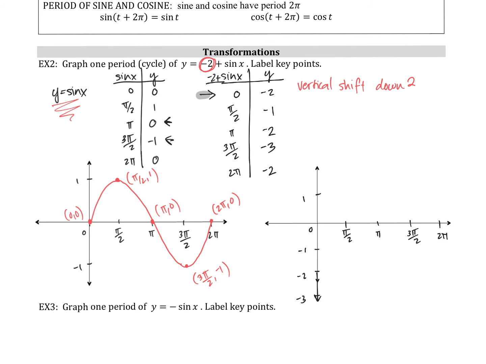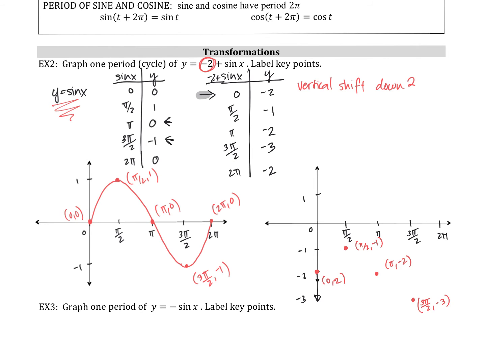So we have 0, negative 2. Then we have pi over 2, negative 1. Then at pi, we're negative 2. Then 3 pi over 2, we have negative 3.